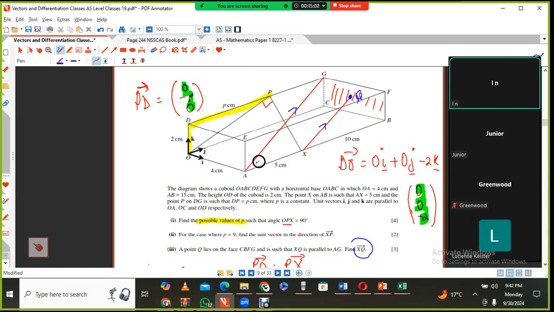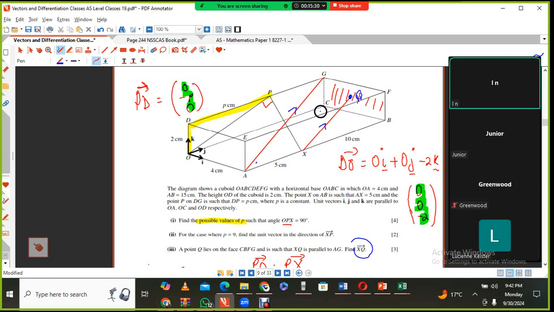XQ, I have a direction for XB. To go from X to Q, you have to go somewhere here, XB, and then you have to go upwards. There are so many ways you can go there.